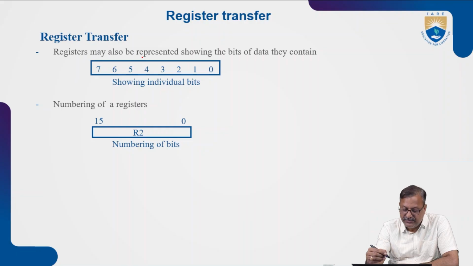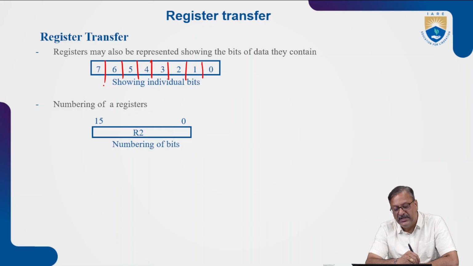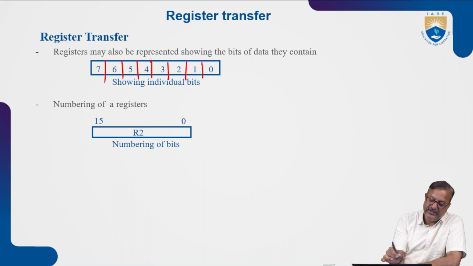Registers may also be represented showing the bits of data they contain. Now, I define a register showing individual bits. 0 is 1 bit, 1, 2, 3, 4, 5, 6, 7, a total of 8 bits. This is 8 bits.